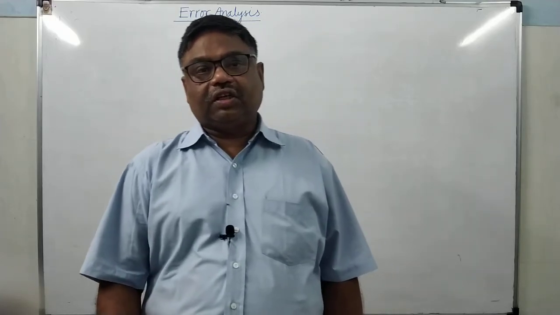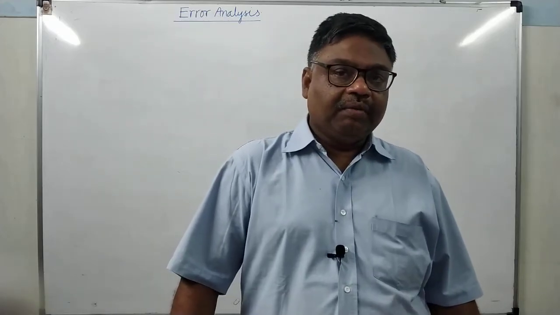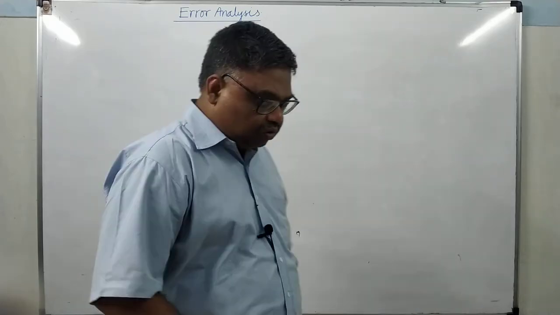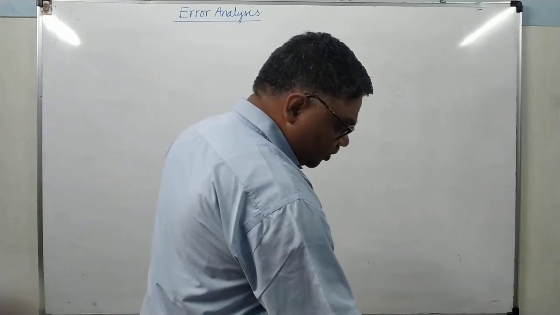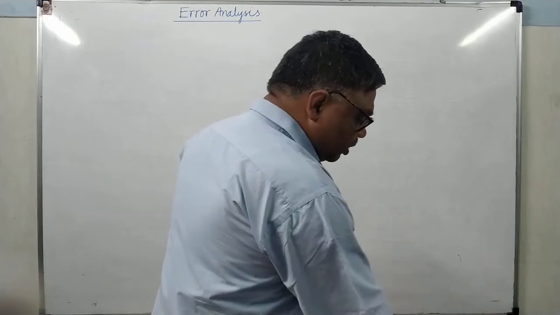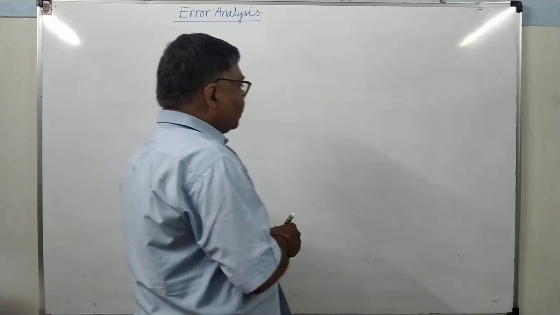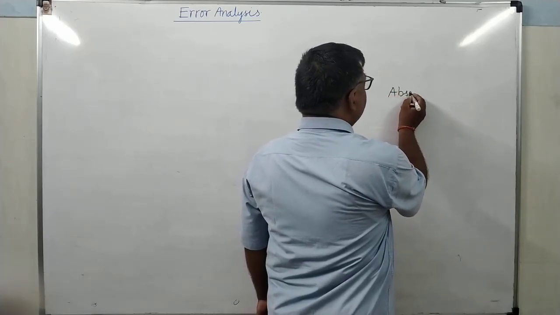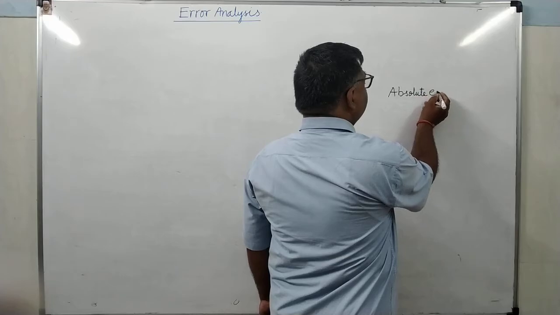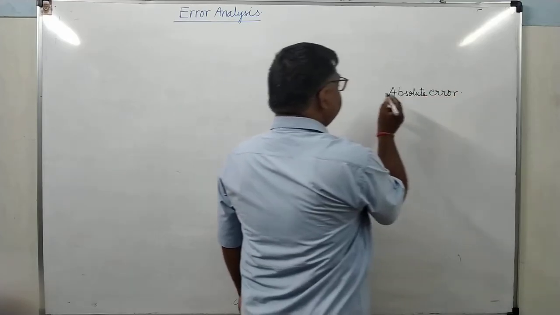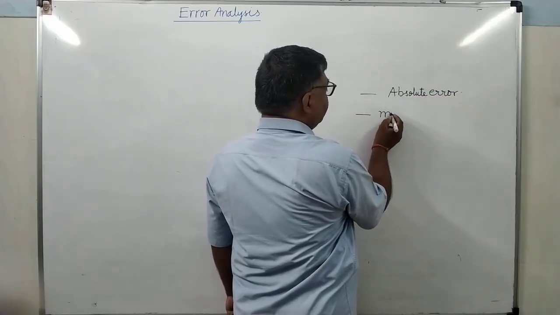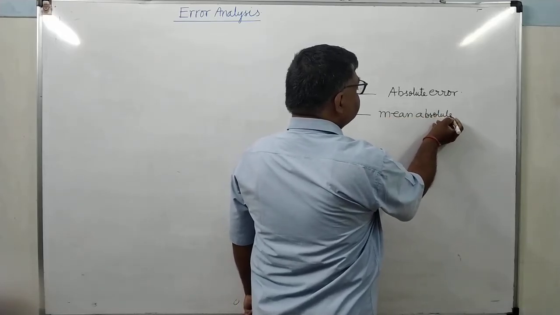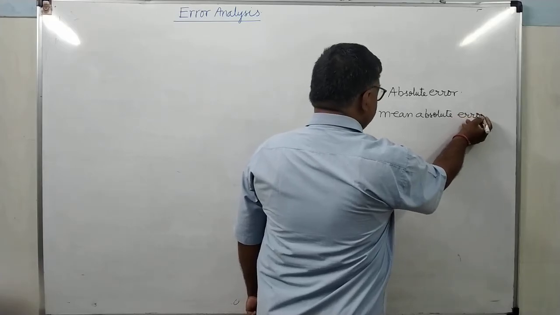Today we will discuss the quantitative nature of the error, meaning how you will calculate it. There are certain quantities which are found in order to find the error. One is the absolute error in a measurement. Then we find the mean absolute error. This absolute error is also known as the limiting error.